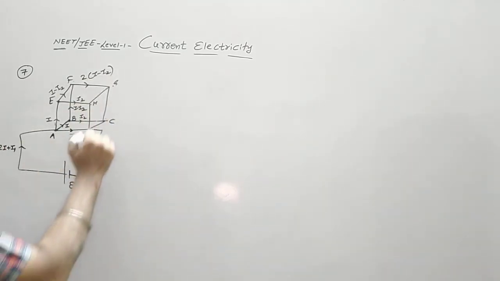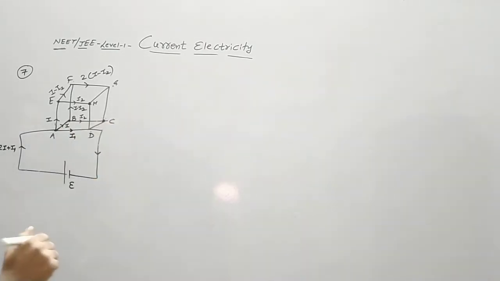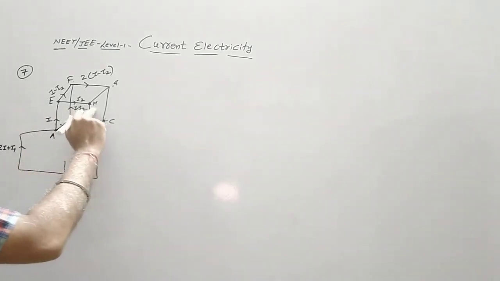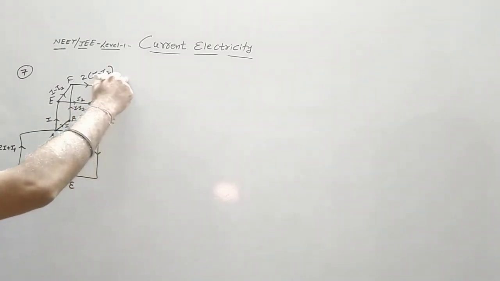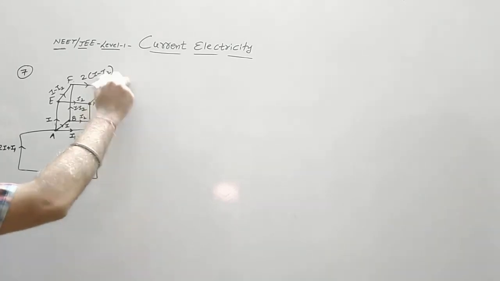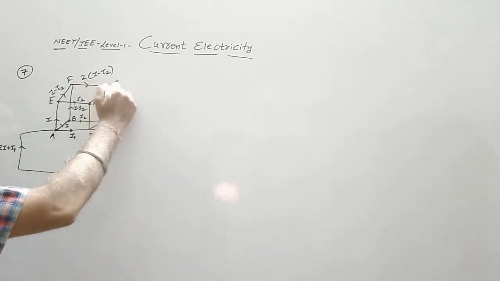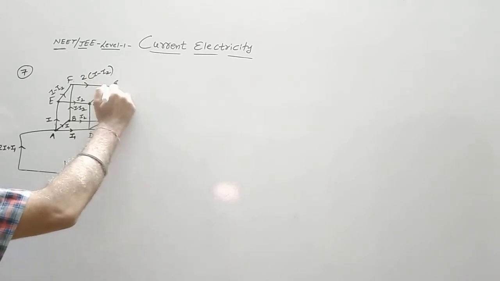I2 comes at H, and this I2 comes at C. The property of the current is to follow the shortest route. So from H, I2 will not go towards G, and the current from C will not go to G. So the current 2I minus I2 will further be divided at G.